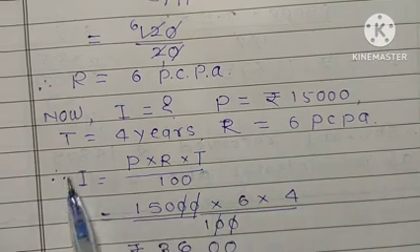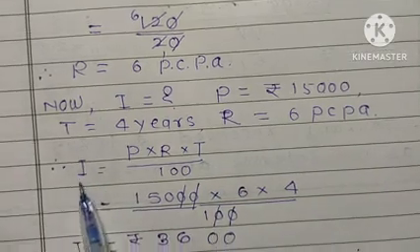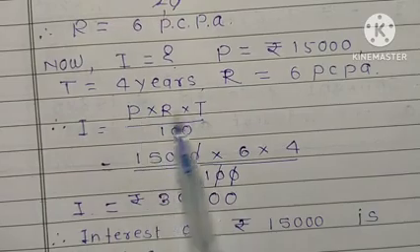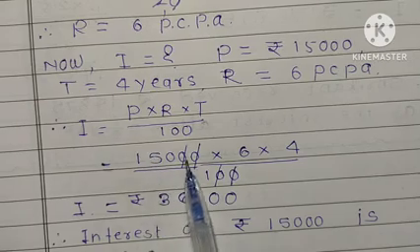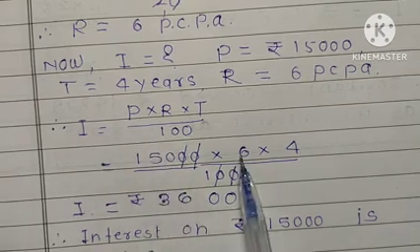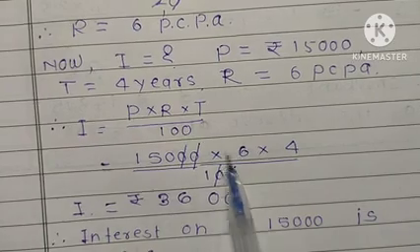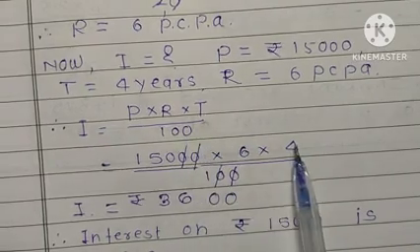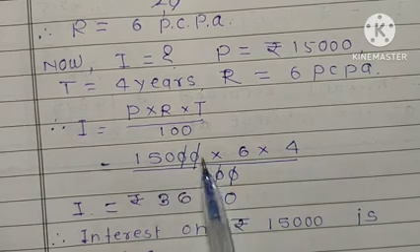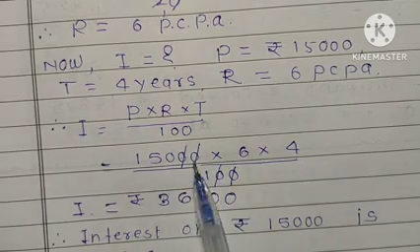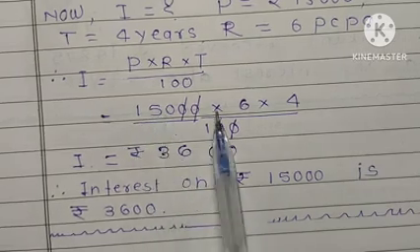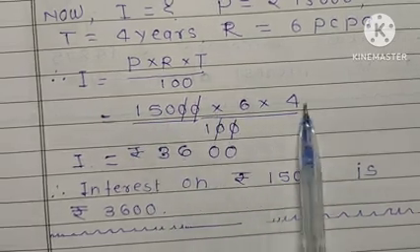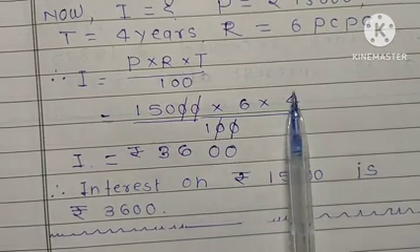Now we have to calculate I. So I is given by P into R into T upon 100. P is 15,000 now, R is 6 percent per annum, T 4, upon 100. So cancelling these two zeros from numerator and denominator, 150 into 6 into 4, 6 4s are 24. So taking direct multiplication.